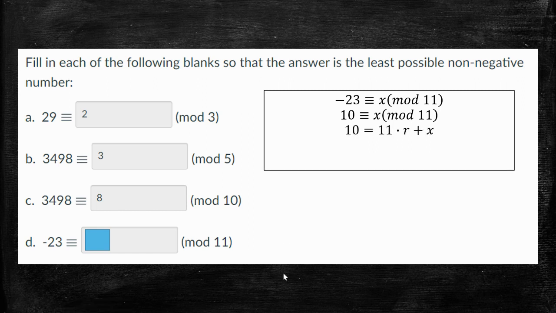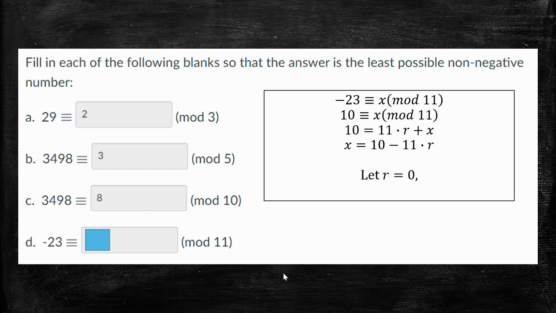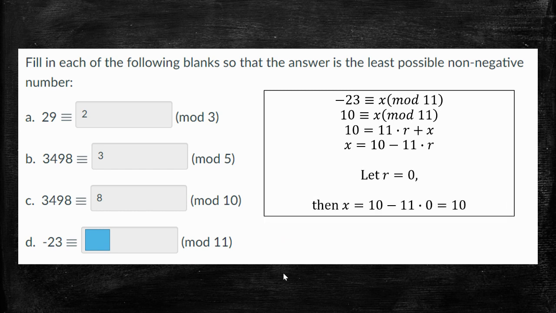So we know that 10 is going to be divided by 11, and we're finding the remainder. Now, of course, 10 does not divide by 11, so the r value is just 0. So 10 minus 11 times 0 just gives us 10. So 10 is in fact the remainder.